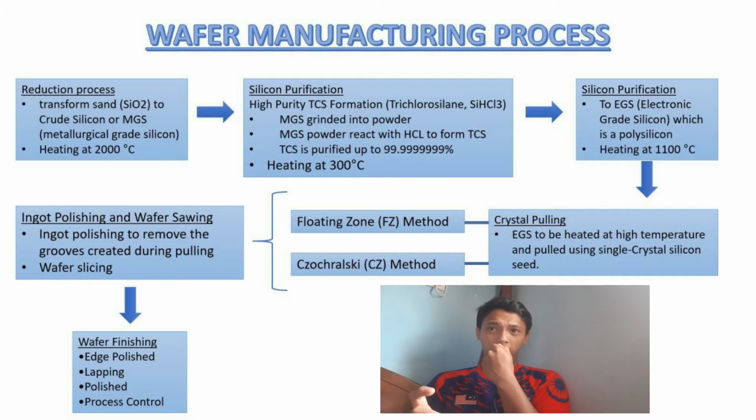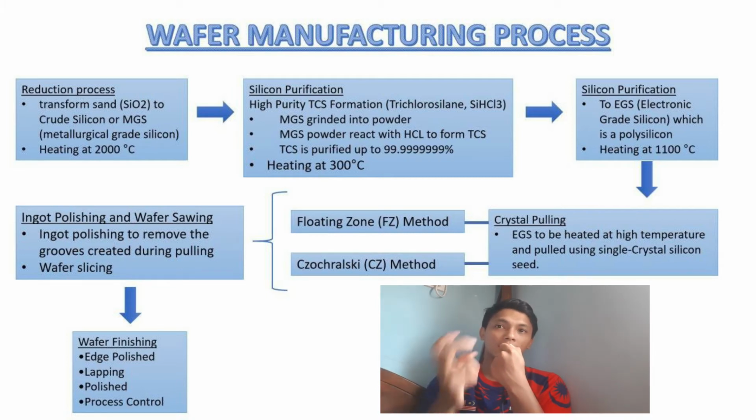But MGS must be ground into powder. The MGS powder will react with HCl, an acid, to form trichlorosilane, which is a chemical.